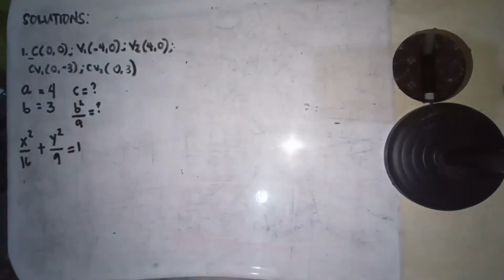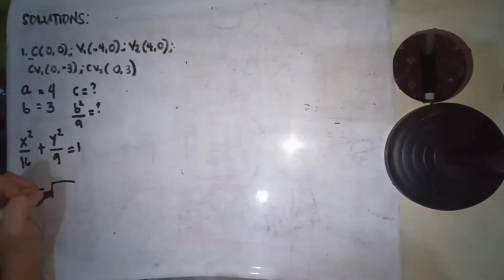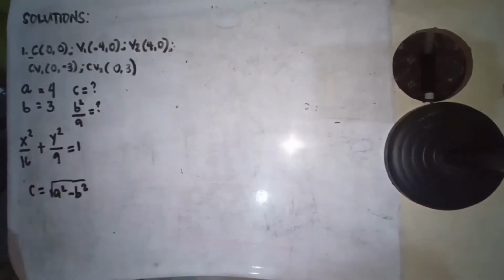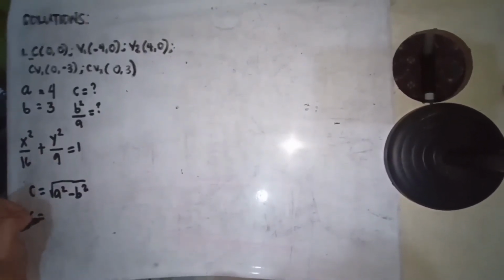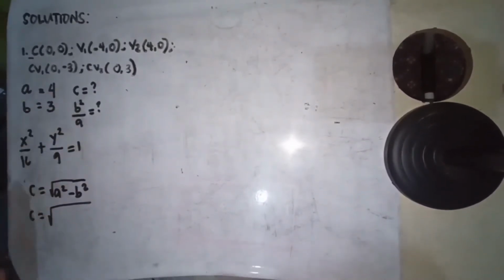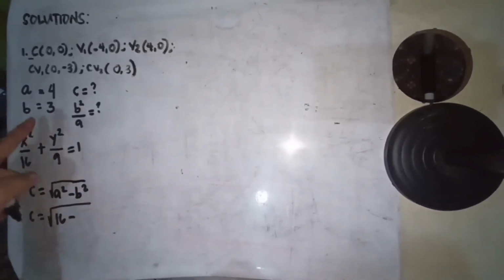Okay, for the value of our distance C, again, we have the formula C is equals to the square root of a squared minus b squared. Okay, so we have c that is equals to the square root of our a, which is 4. So we have 4 squared, that is 16, minus our b, which is 3.